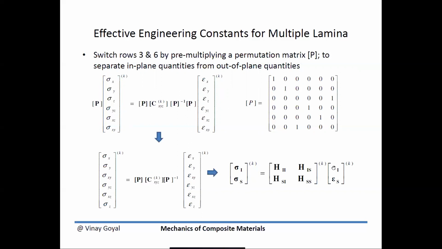I'll call them in-plane strains. So this strain bold here contains three quantities. And then we have a strain vector of out-of-plane strains, which are the bottom three. So by doing this permutation symbol now, I know C in the laminate orientation for ply K, and the P is known. That's just a permutation symbol.